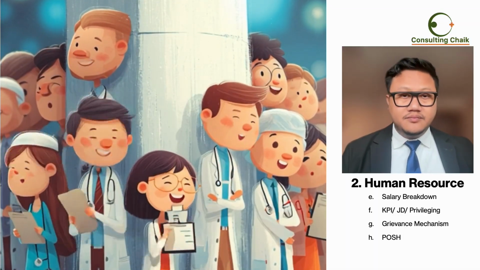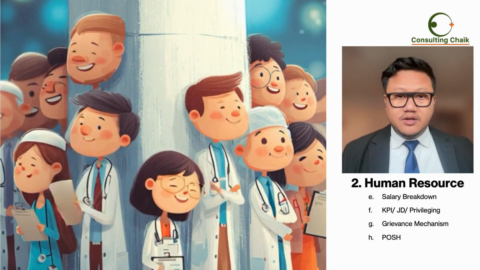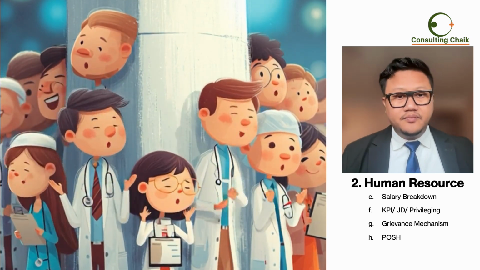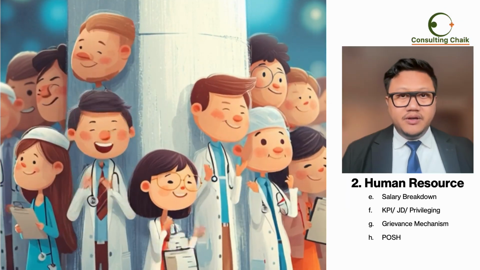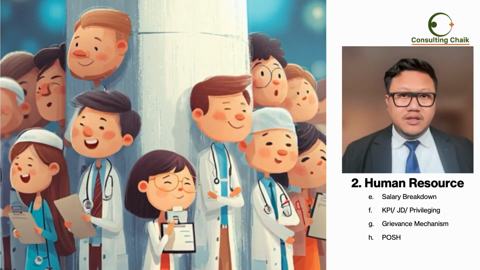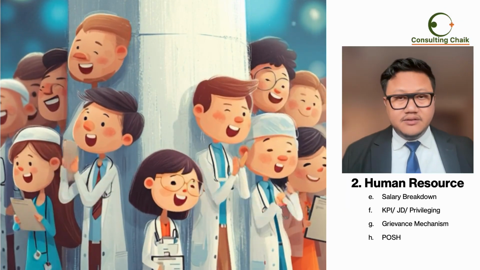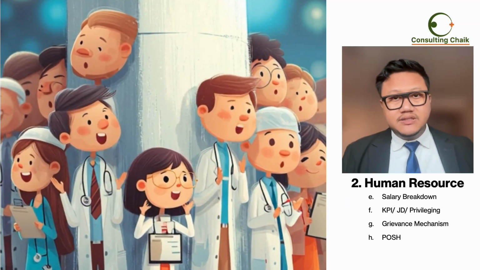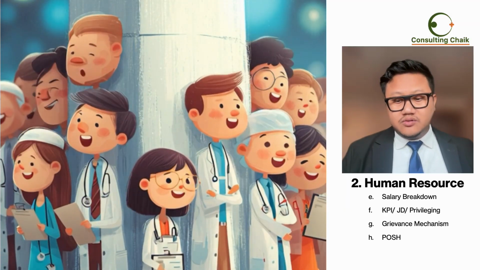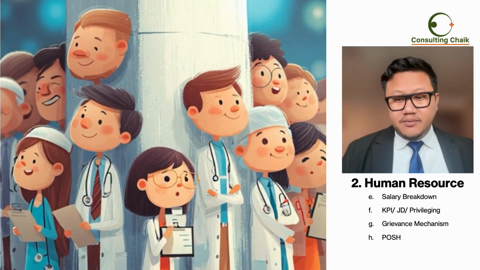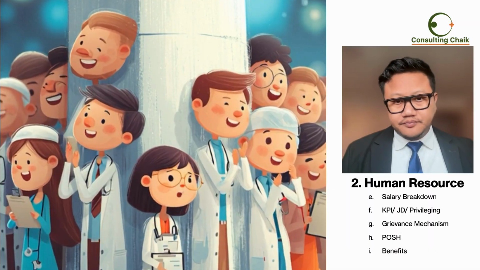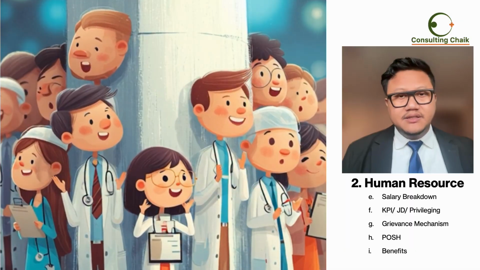POSH, very important. For women's rights and all, POSH is very important for women to know. Also the other gender, the male, should understand about POSH, so they are clear about what consequences they may face.